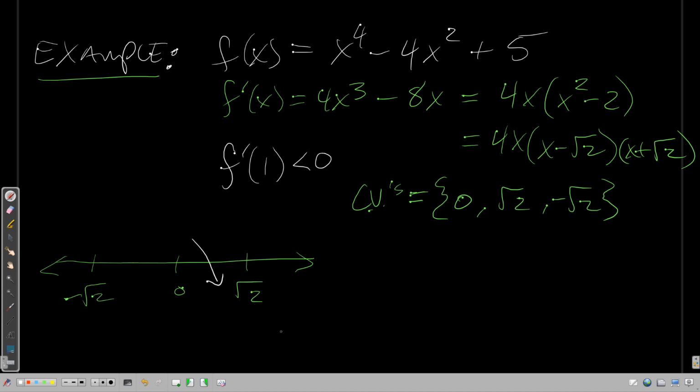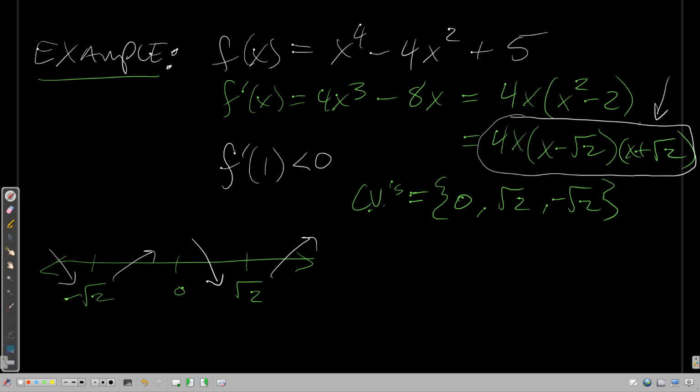So I'm going to be decreasing in this interval. Now, since all of these factors are unique, then this thing just alternates back and forth. If any of these factors are repeated, then you won't have that alternation, and you'll need to use the test point method in each interval.